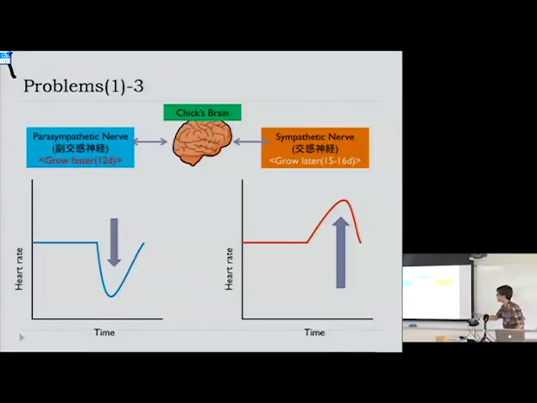So, firstly, this downward change appears in heart rate, and after that, the upward change in heart rate happens.